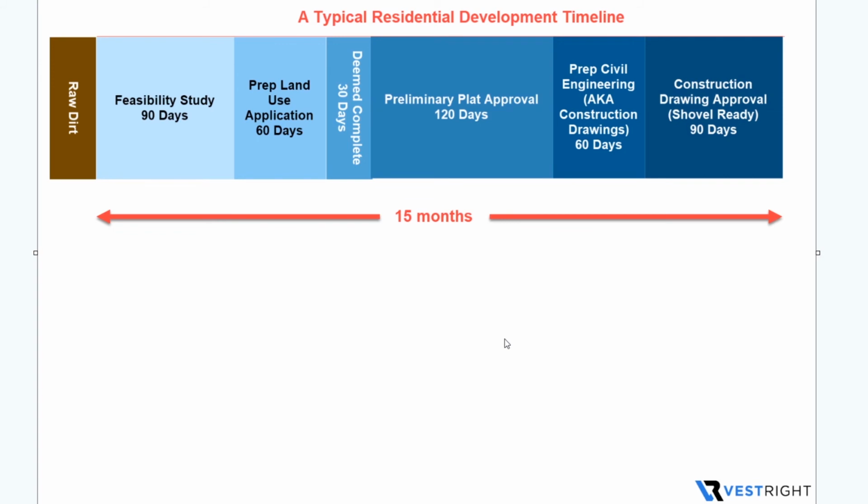But this is an important thing to understand, because in a developer's mind, in a developer's eyes, a piece of raw dirt that he looks at today, well, he's not even going to start constructing that thing until at least 15 months down the road. And again, in some projects, that can be even longer.